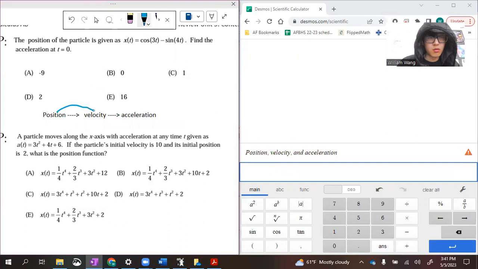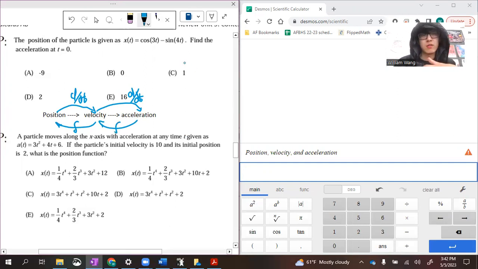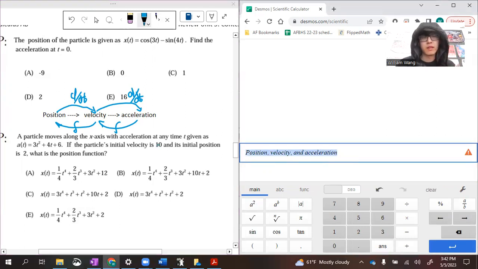Well, what's the relationship between each? Going down the line, it's derivatives. If I were to go backwards, it is integrals. So from position to velocity is a derivative, velocity to acceleration is a derivative. When I go backwards, acceleration back to velocity is an integral, velocity back to position is another integral. All right, so hopefully that is helpful.